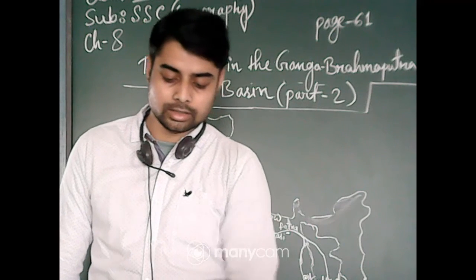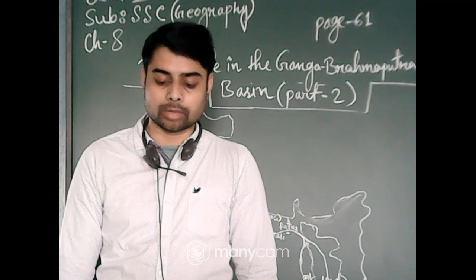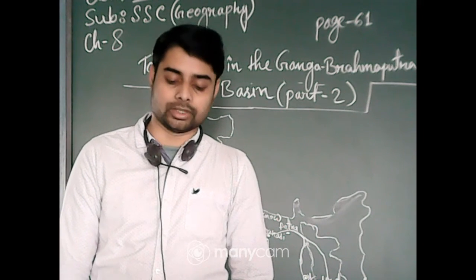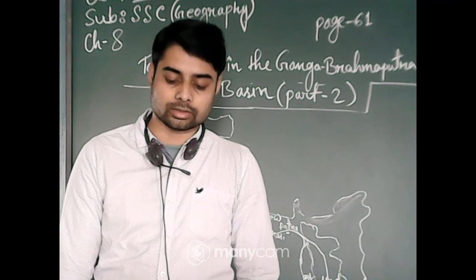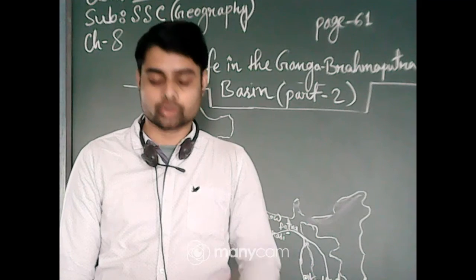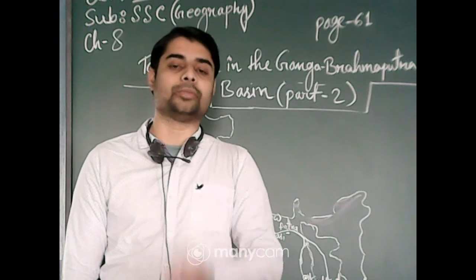And in the fresh waters of river Ganga and river Brahmaputra, a variety of dolphin, also called the blind dolphin, is found, and it is also called shushuk. The presence of shushuk is an indication of the health of the river.